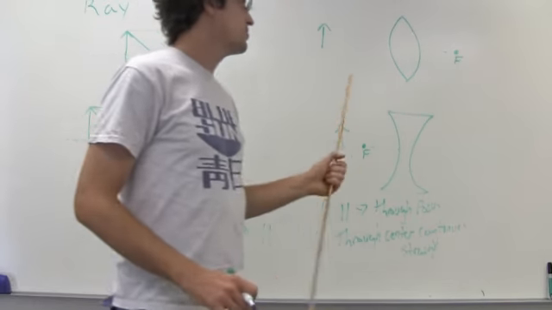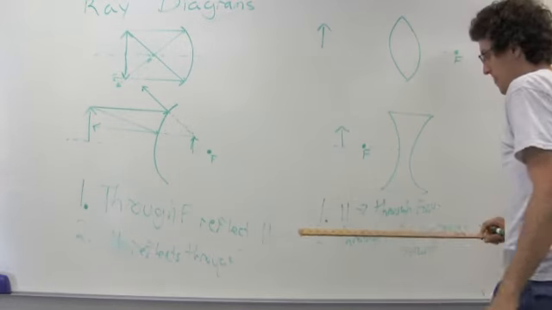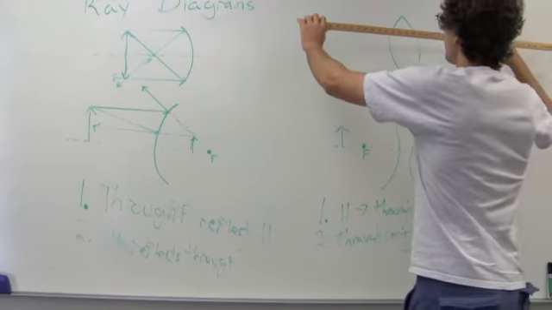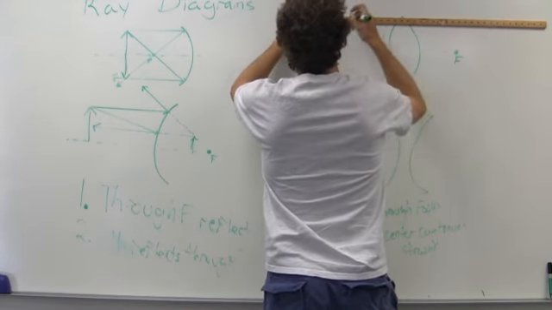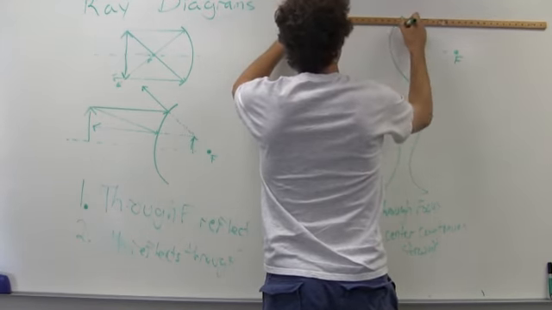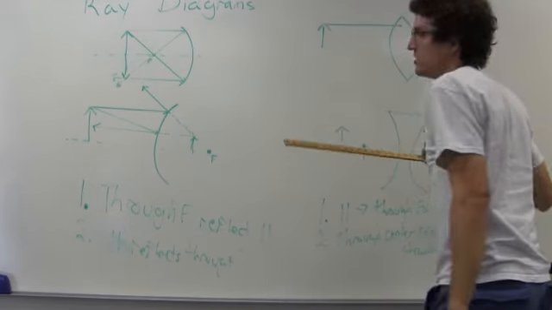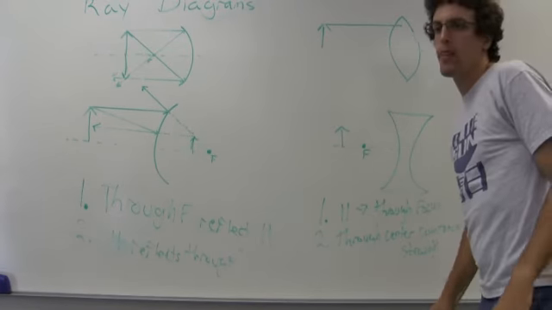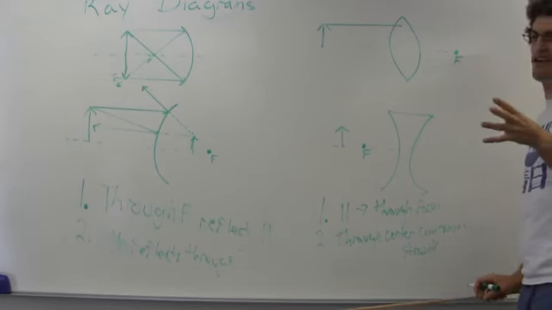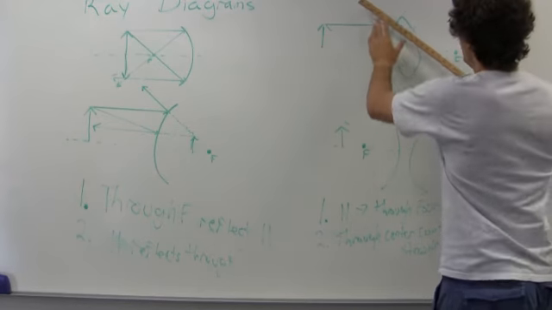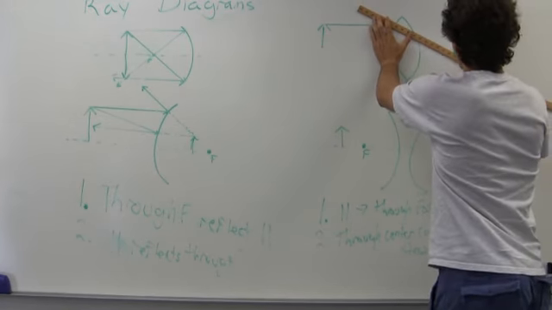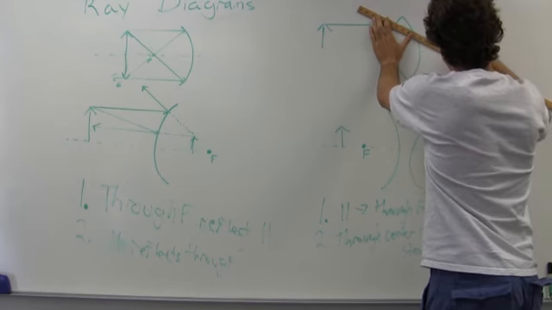Alright, now let's go on to our lenses. Parallel goes through the focal point. Parallel in, reach the middle of the lens. You always want to draw through the middle of the lens, otherwise you get some weird little errors. It's not a huge deal, but if you're going to do it, you might as well do it right. And we draw through the focal length.